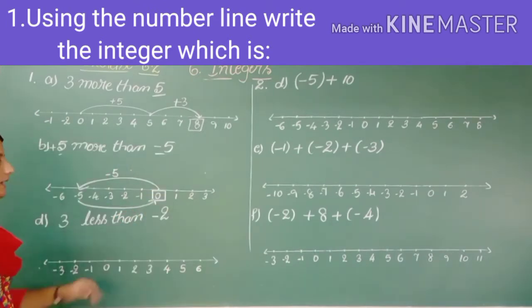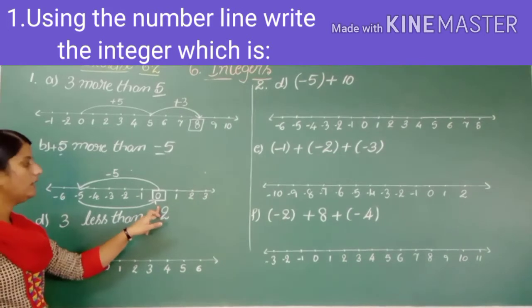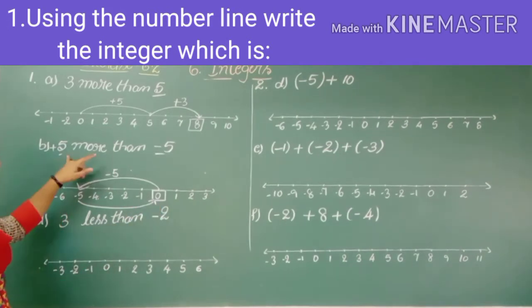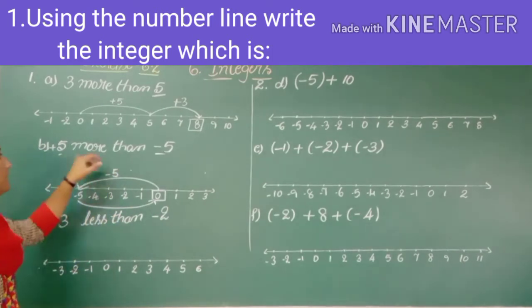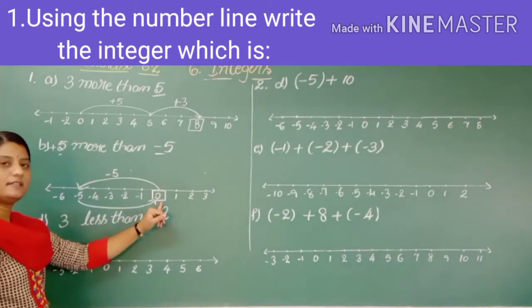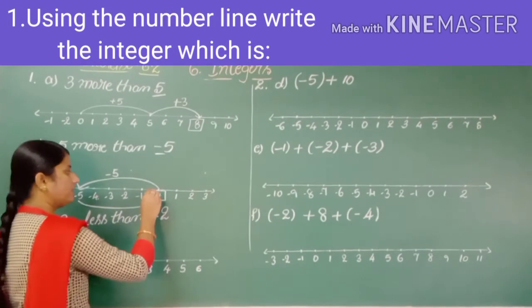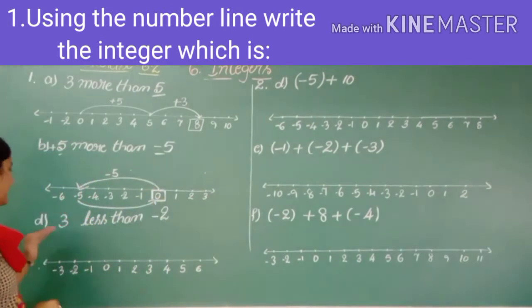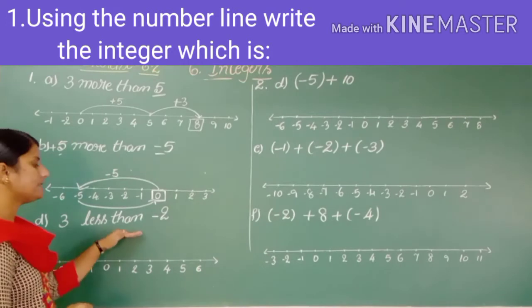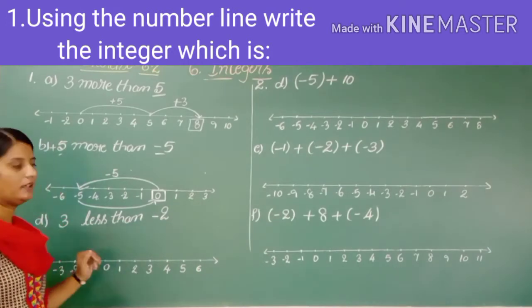Yes, we get the sum 0. Before, I said that 5 and minus 5 are additive inverses, the sum of these two integers is 0. So again here we get the point 0.